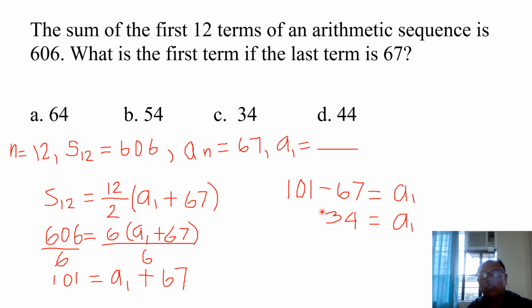That is 101 minus 67 and 67 minus 67, so what is left is a1. And 101 minus 67 is equivalent to 34. So therefore, the first term is 34. Now, the correct answer then is letter C.